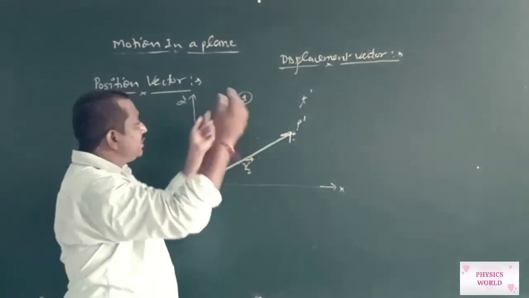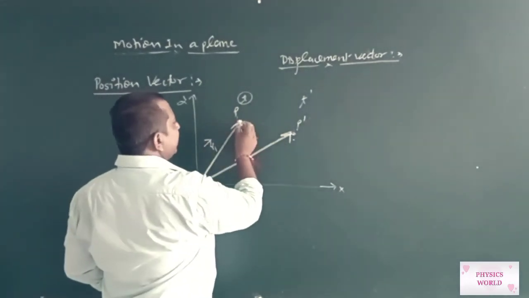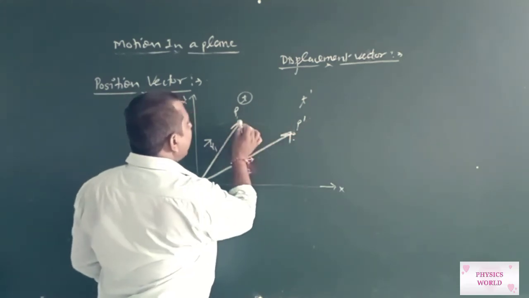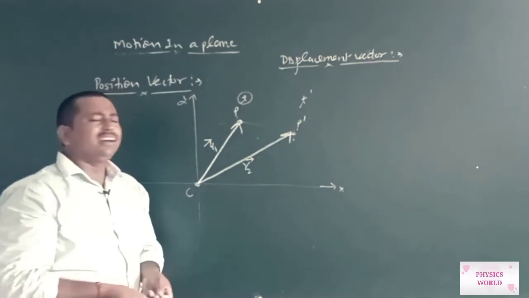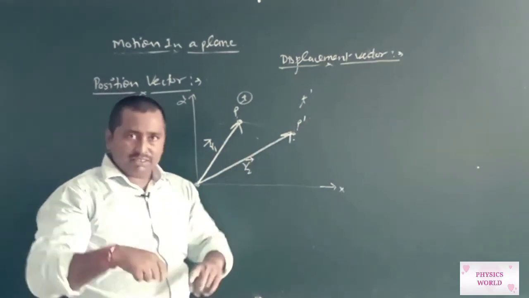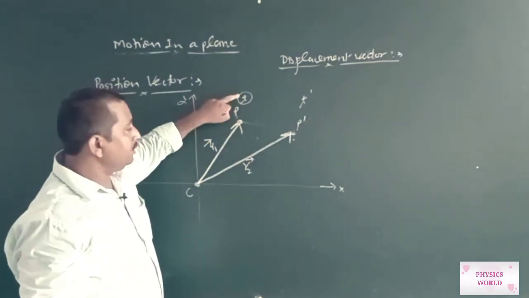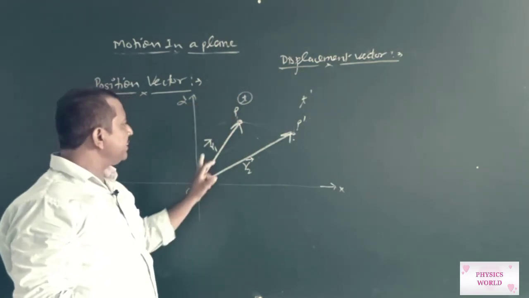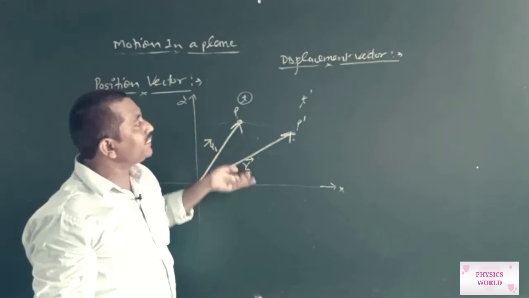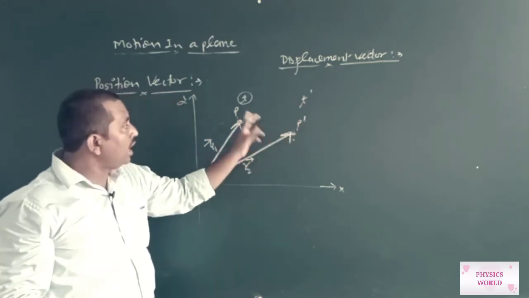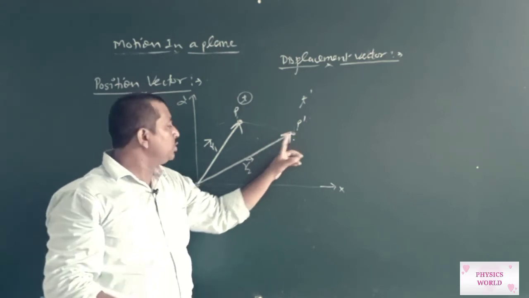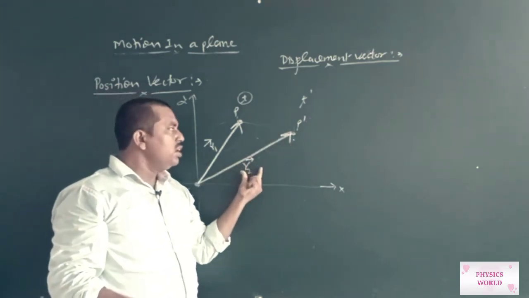It can go from P to P dash by this track or via the straight line. It can follow different paths, but at time T the object is at point P whose position vector is R1, and at time T dash the object must reach point P dash whose position vector is R2.